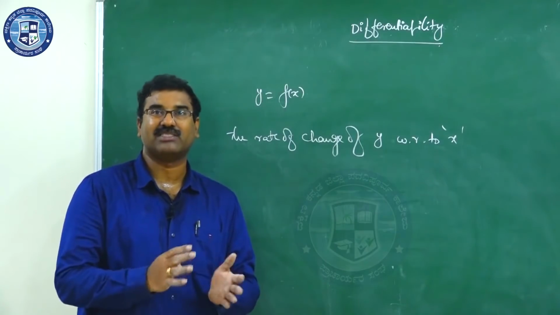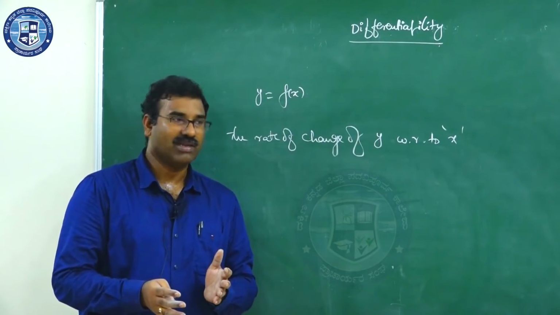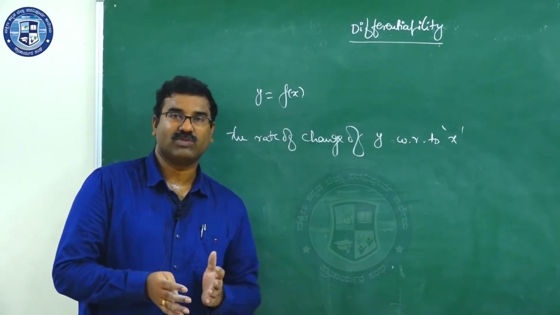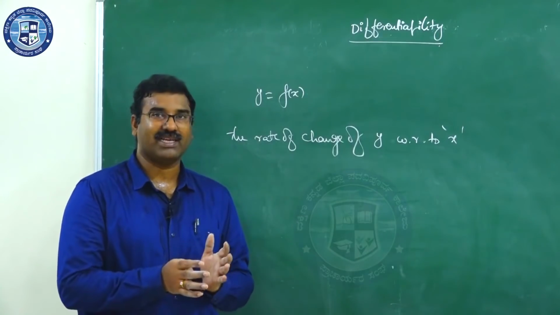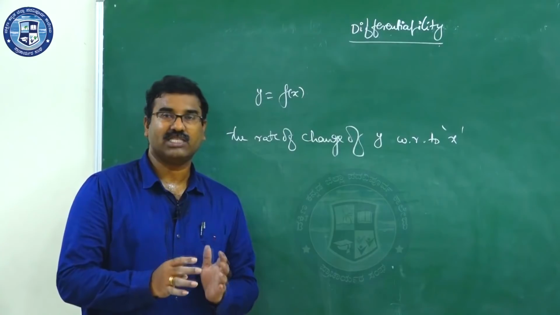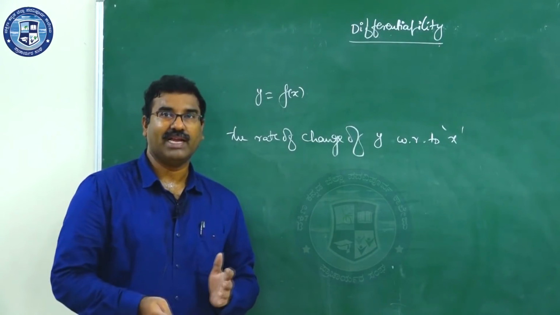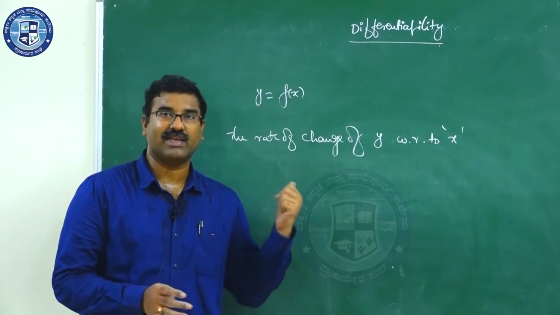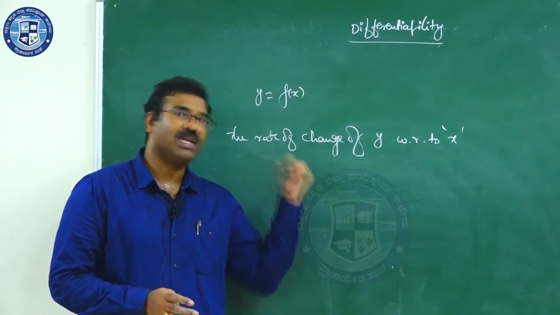Okay. So, velocity-distance relation. Okay. So, like that many examples we can see. Whenever we take the words rate of change, that means one parameter changes with respect to another parameter. Whenever it occurs, then the derivative will be involved.